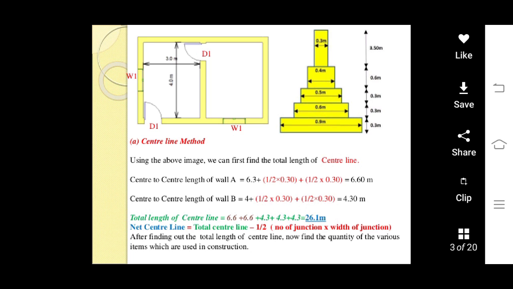Now there are two long walls, that is walls in direction of A in X direction, and three short walls that are in direction Y. The total centerline length can be calculated by addition of these lengths, that is 6.6 plus 6.6 plus 4.3 plus 4.3 plus 4.3.